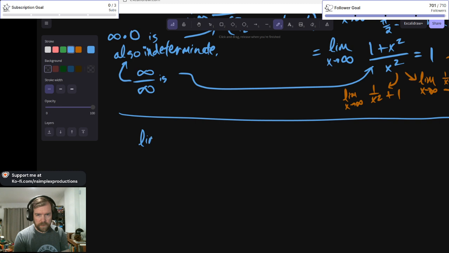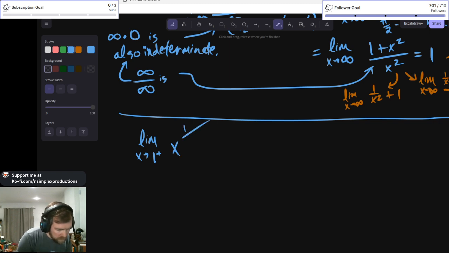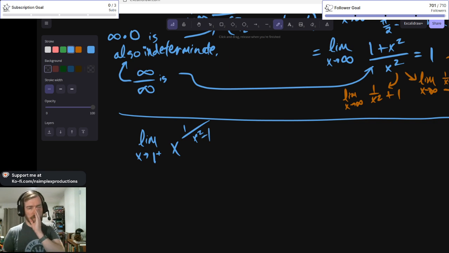Right, and what about the limit as x goes to 1 from the positive direction of x to the 1 over x squared minus 1? Right, so this is another one of those that ends up not working in the default manner.